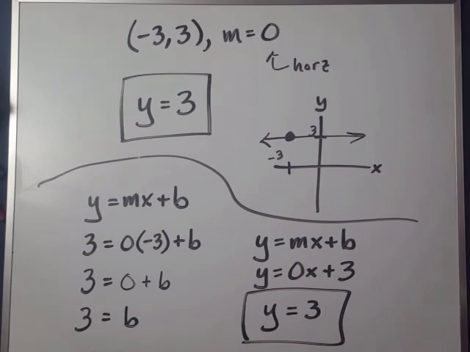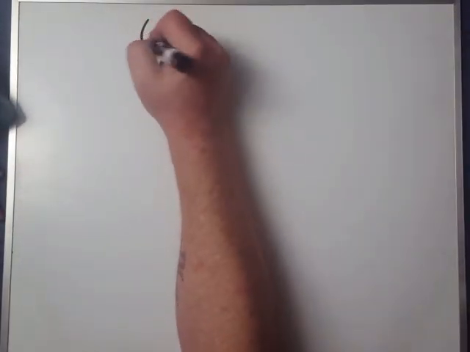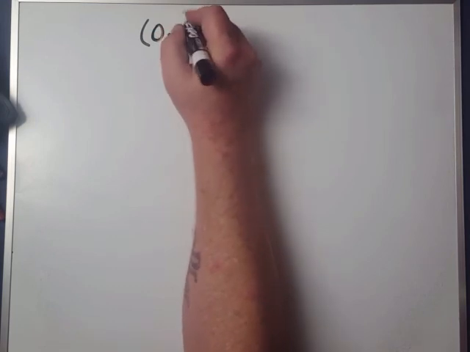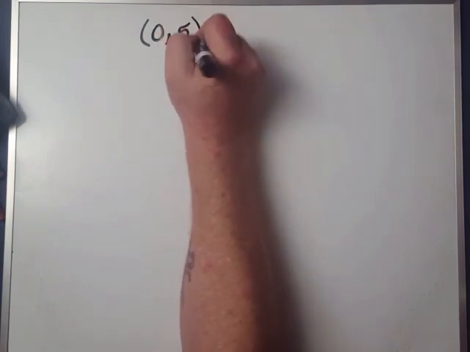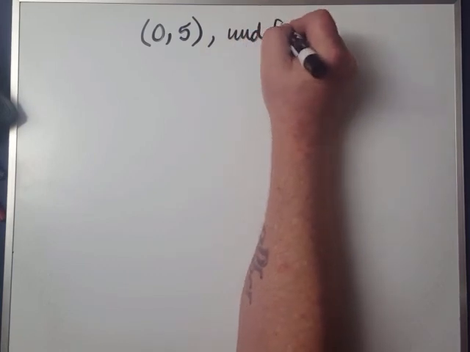Because what about a problem like, let's back up, number 58. In number 58, we have the point 0, 5 and an undefined slope.